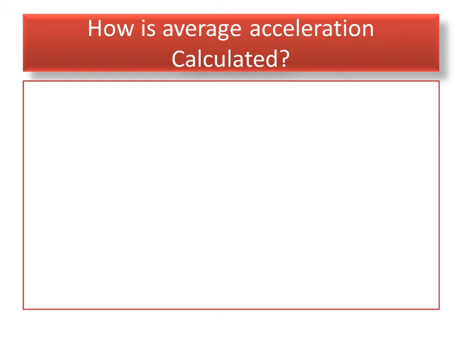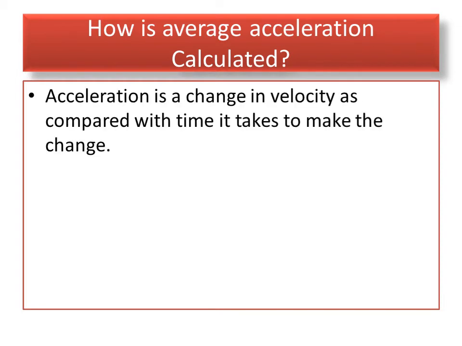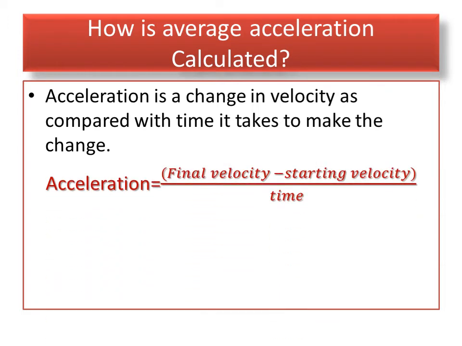How is average acceleration calculated? We should not forget that acceleration is the change in velocity in a certain period of time. That's why acceleration is described as final velocity minus starting velocity, or final velocity minus initial velocity, over time, or acceleration equals v2 minus v1 over time.